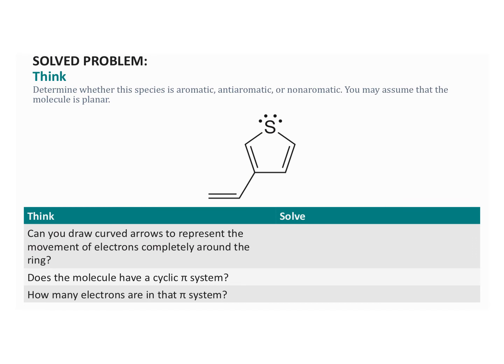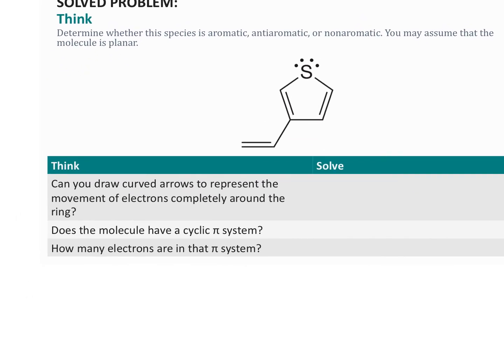So let's do an example, okay? Determine whether the species is aromatic, anti-aromatic, or non-aromatic. You assume the molecule is planar. So the very first thing we're going to do is see if we can draw curved arrows to represent the movement of electrons completely around the ring. And so I am going to do this just on the image above, where these electrons can come here. When those electrons come there, those electrons can be there, and then those electrons can be there. Okay?